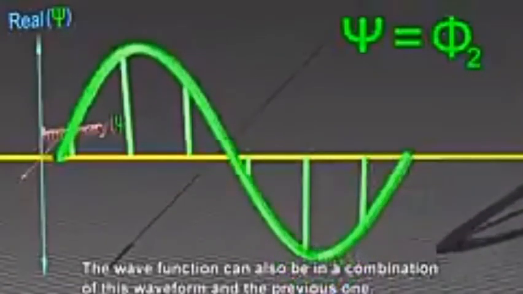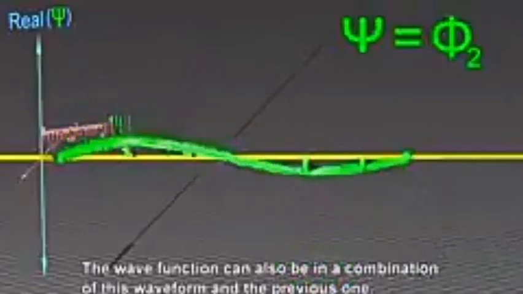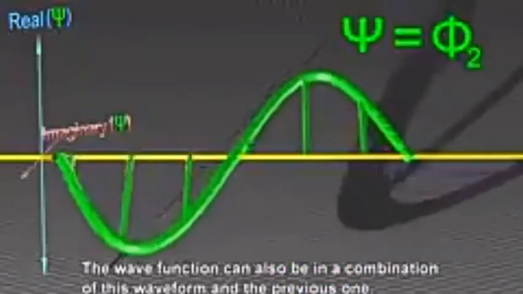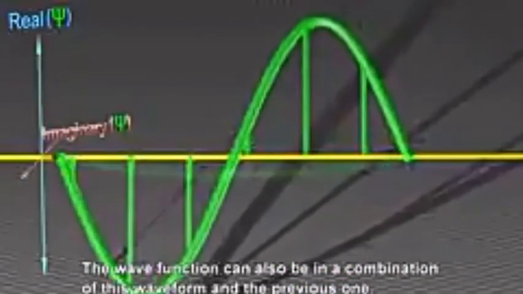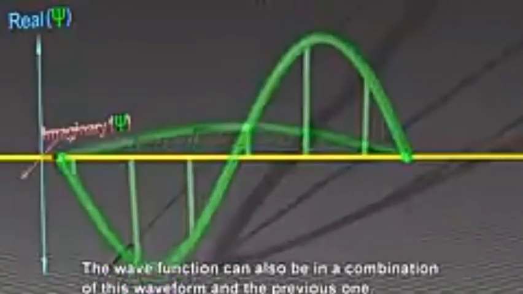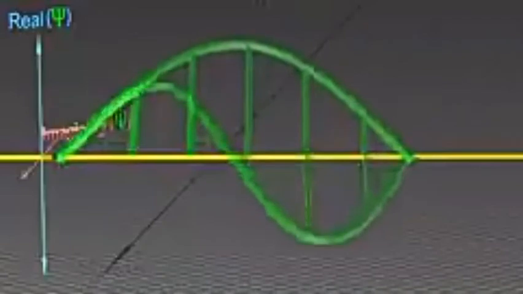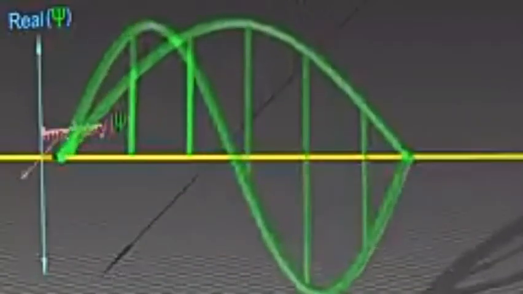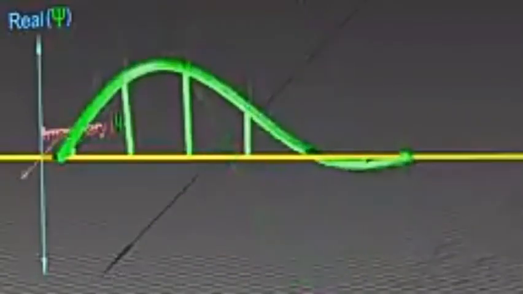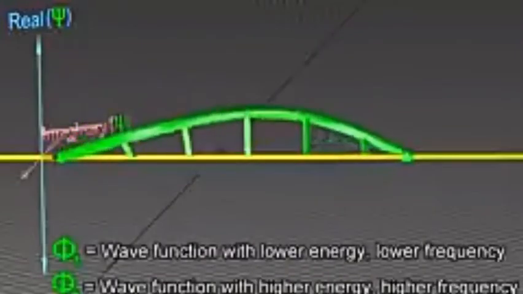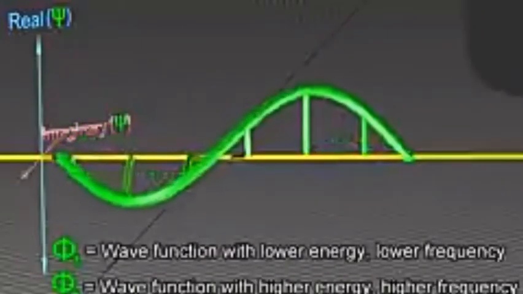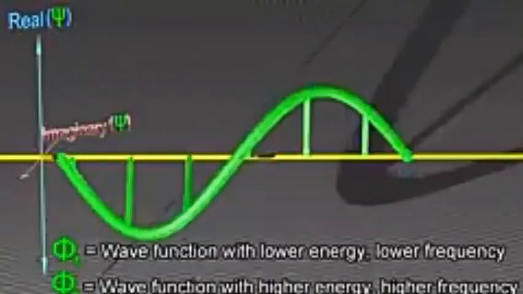The wave function can also be a combination of this waveform and the previous one. Phi 1 is the wave function with lower energy and lower frequency.